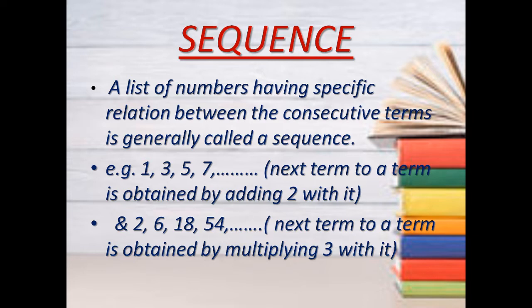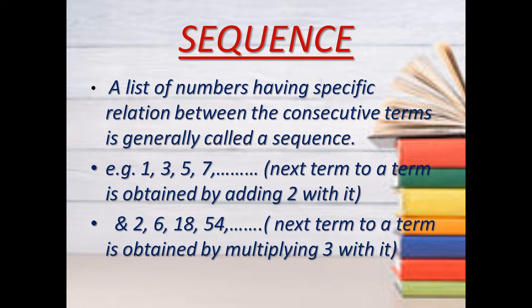What is a sequence? A list of numbers having a specific relation between the consecutive terms is generally called a sequence. I repeat once again, a list of numbers having a specific relation. There must be a specific relation between any two consecutive terms. What is the meaning of consecutive terms?